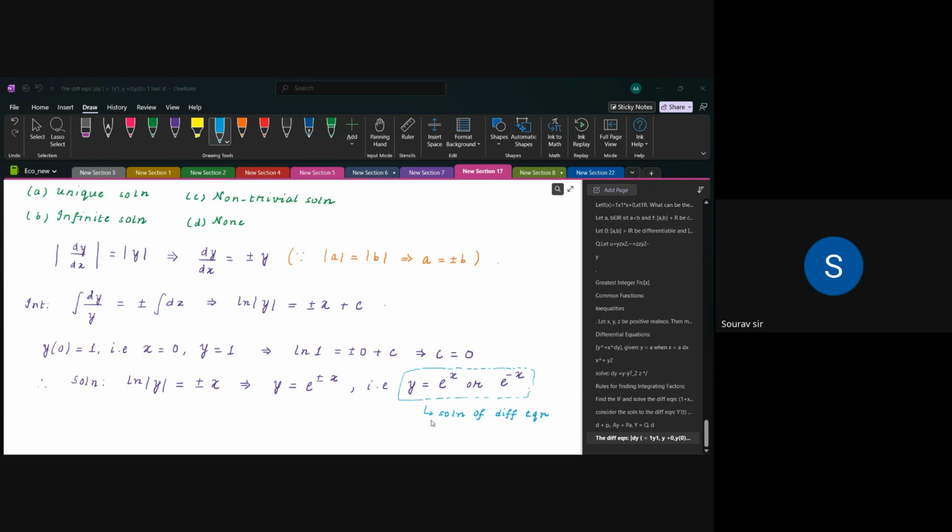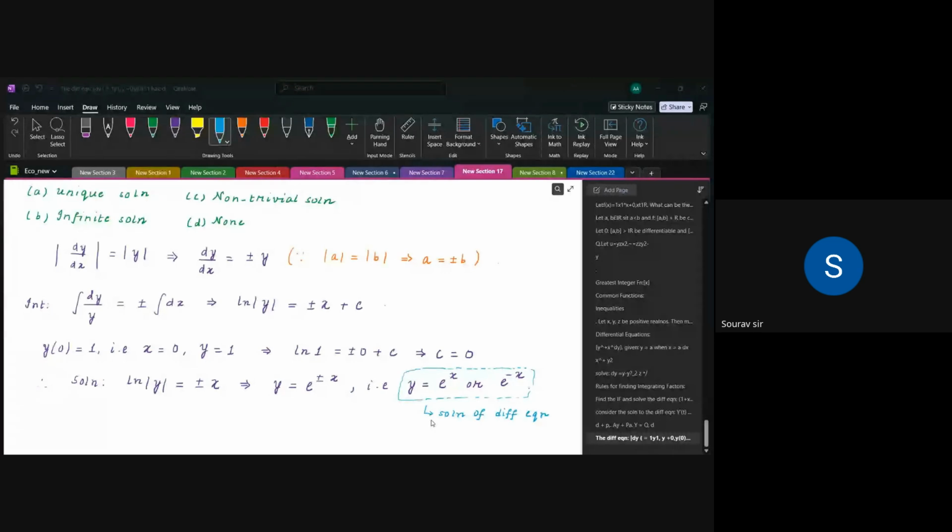So now can anyone tell me which option will match from these four? Infinite solution. Infinite solution. Okay, anyone else? No. Infinite solution is basically like there are a large number of solutions, right?